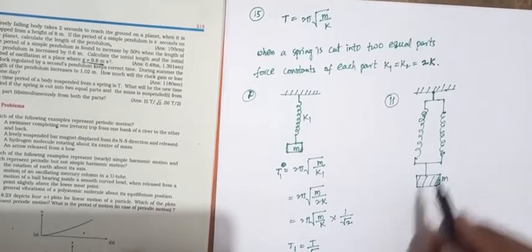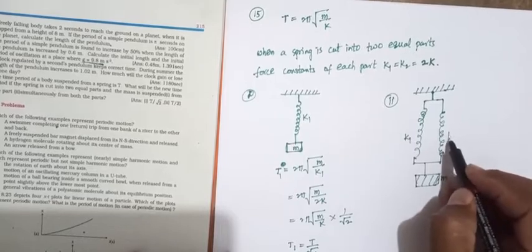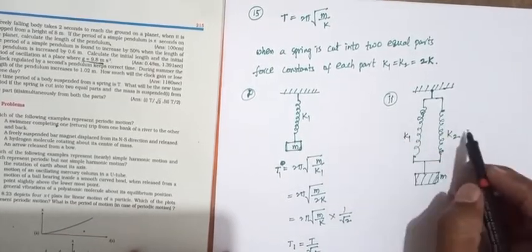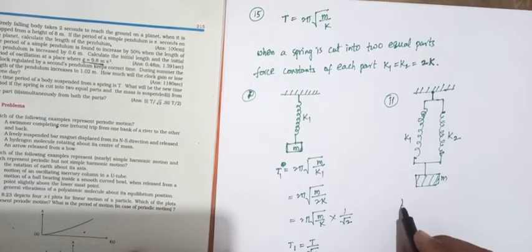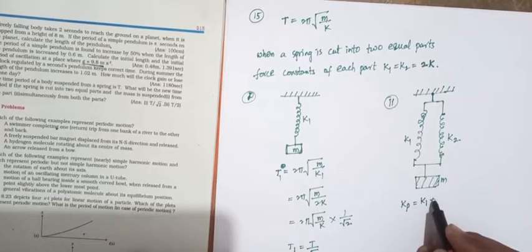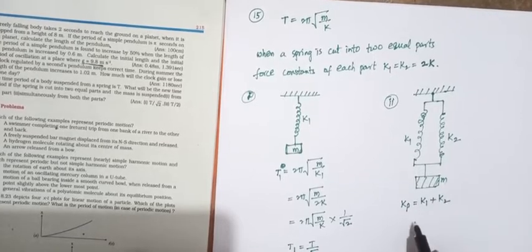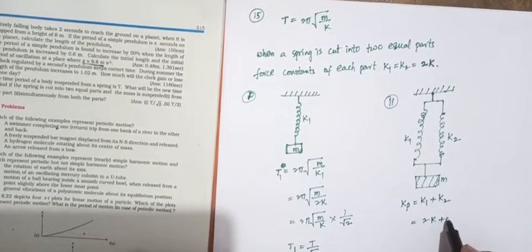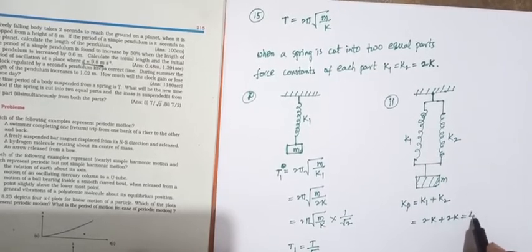This is k1, this is k2. These are parallel to each other, so k parallel equals k1 plus k2, that is 2k plus 2k, which equals 4k.